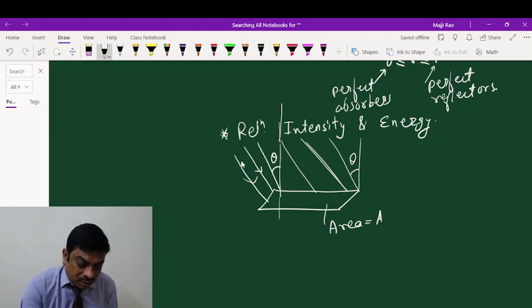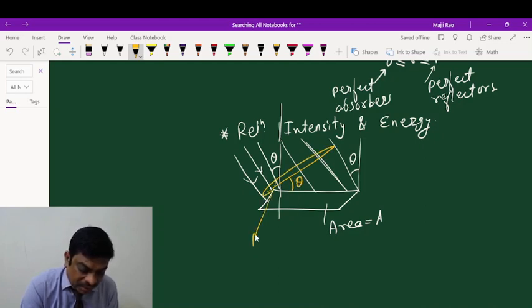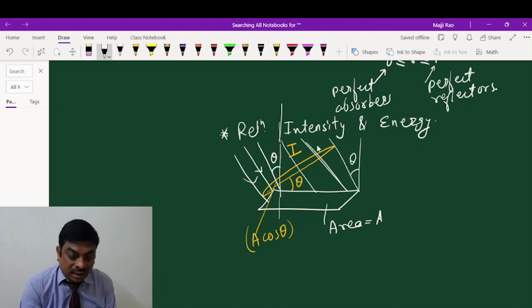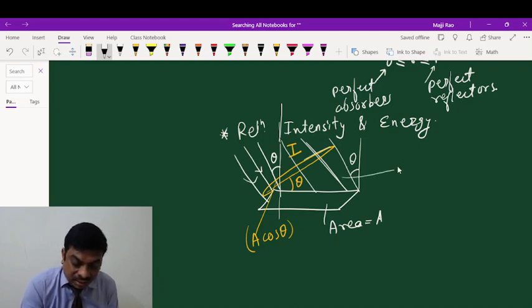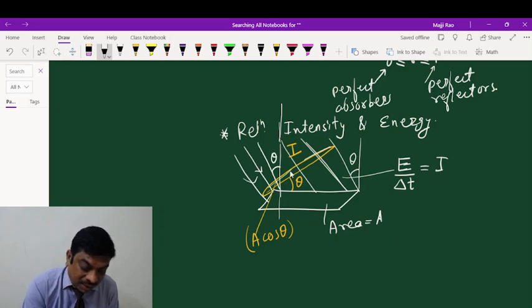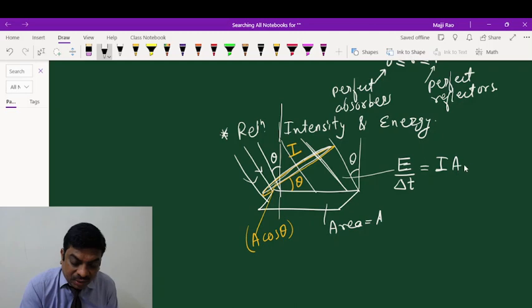So if we consider the area which is normal to the direction of flow, this angle will also be theta, and this area will actually be A cos theta. If I take the intensity as I, then the energy incident per unit time is equal to I into the area perpendicular to the direction of flow, which is A cos theta.